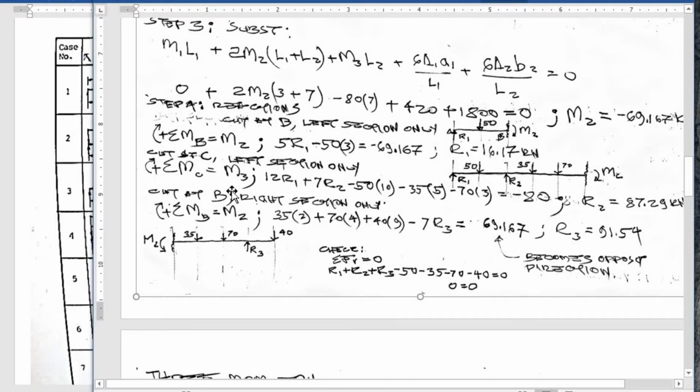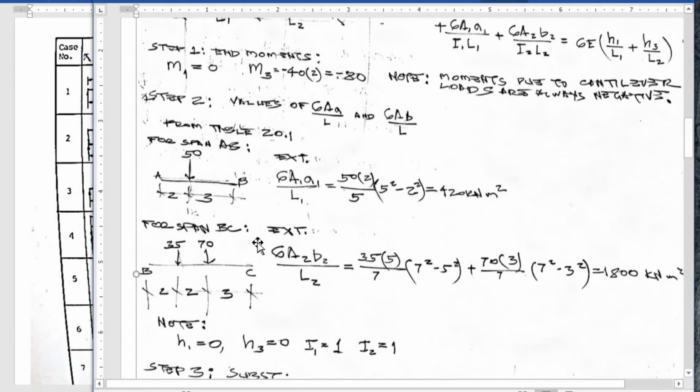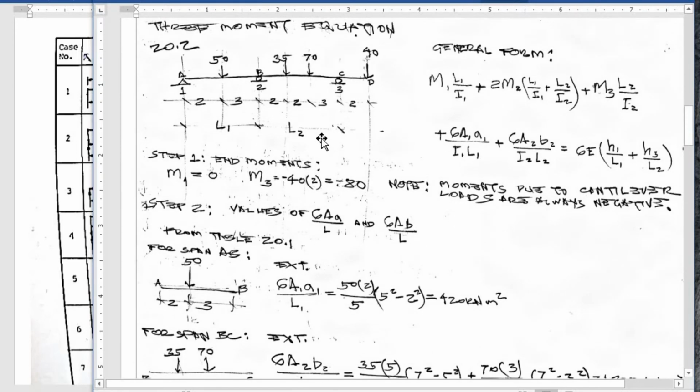Next is you cut section at C. Left section naman ang i-consider natin. So, dito tayo magkakat ng section and you now consider the left part. Meron na tayong R1. So, ang unknown mo dito ngayon ay R2.